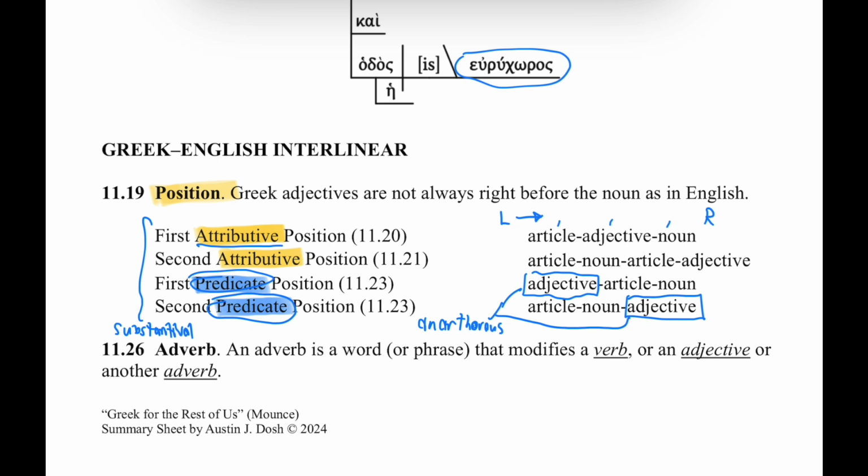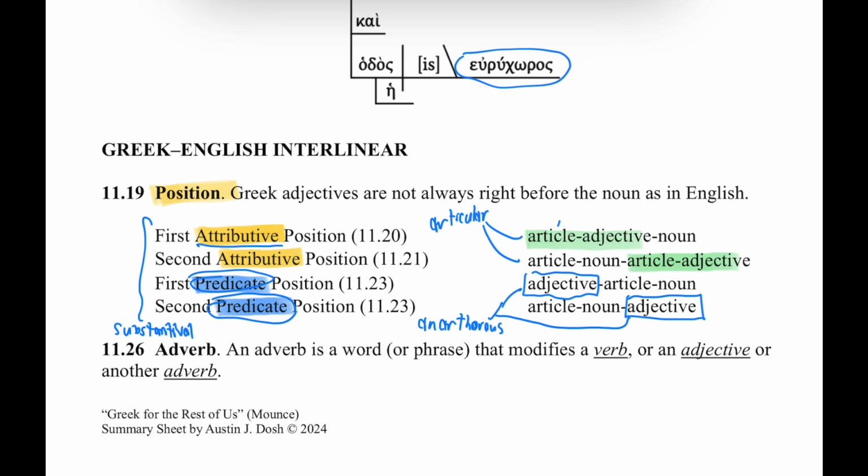But then you'll note that up here, in the attributive position, you have article and then adjective, article and then adjective. So here, it's going to be articular. So that is a little bit about positioning.